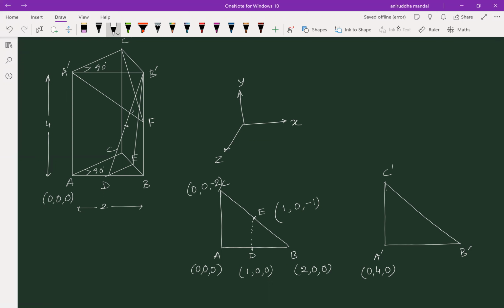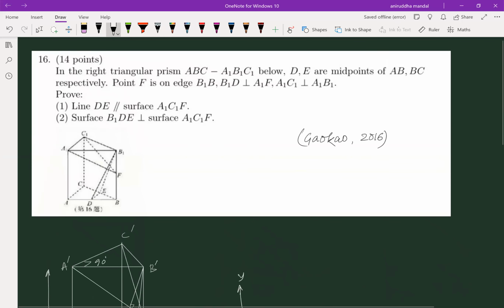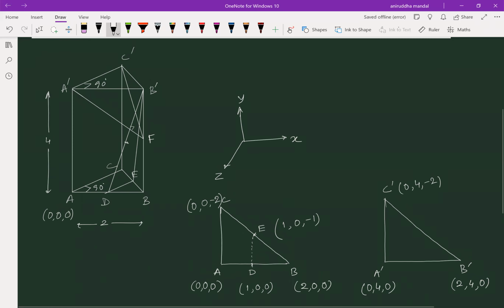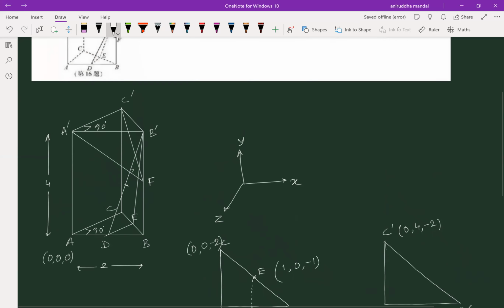B dash point is just above this B point, so 2 4 0, and C dash is 0, 4, and minus 2. Okay, and any other thing? No. Okay, now this B dash we have found.